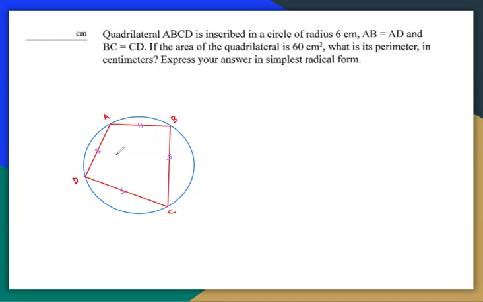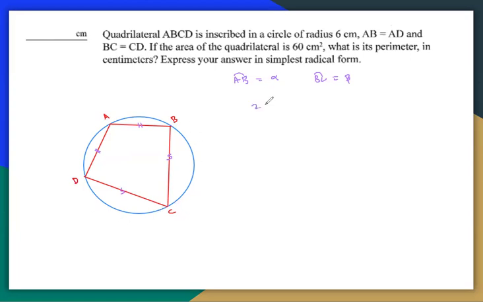Another thing we can say easily is that we have this chord, and then this chord is equal. If I label the arc measure, actually not chord AB, the arc AB, as alpha, and BC as beta, then this is alpha, this is alpha, and BC is beta, and DC is beta.